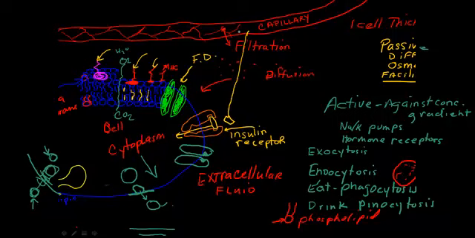So this is capillary function, filtration, the pressure behind the flow of blood pushes plasma out into the extracellular area. So the fluid inside a capillary is called plasma. When it leaves the capillary, now it's called extracellular fluid.